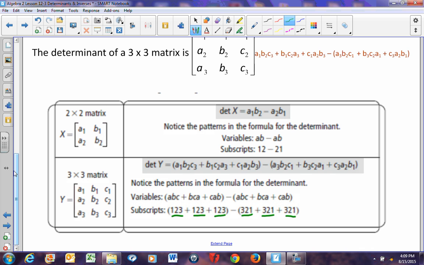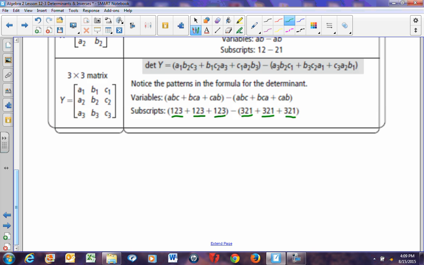The easiest way to look at a 3 by 3 matrix, if I have A1, B1, C1, A2, B2, C2, A3, B3, C3, all you have to do is rewrite the first 2 columns again.